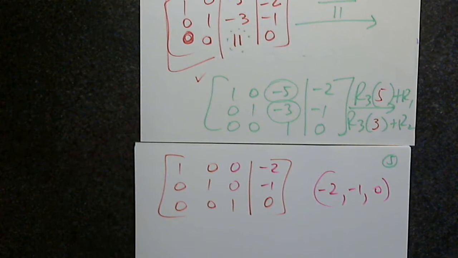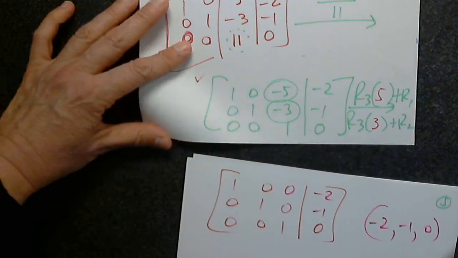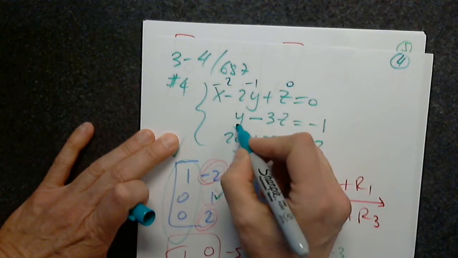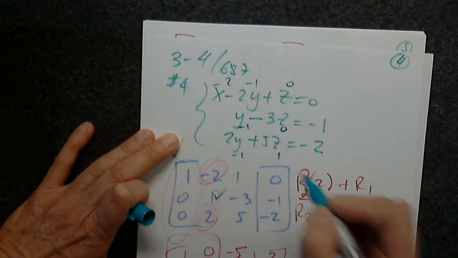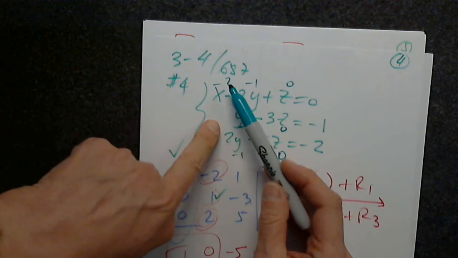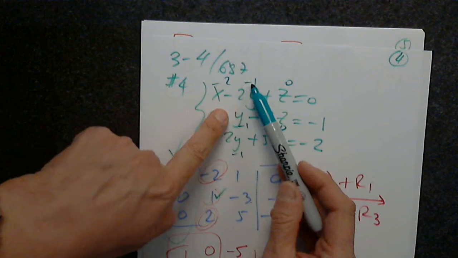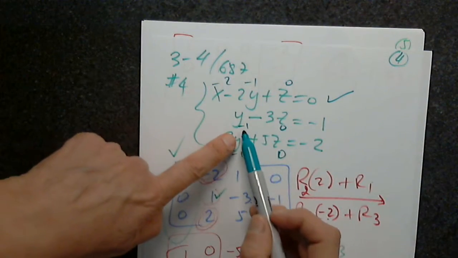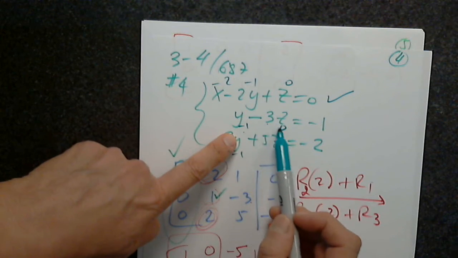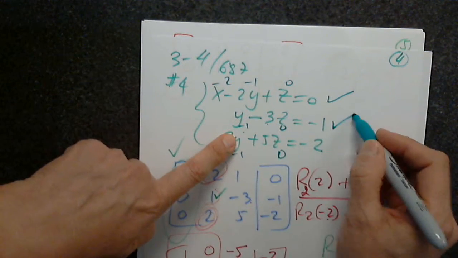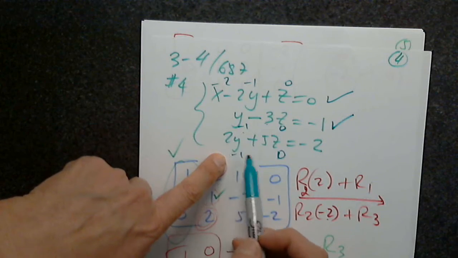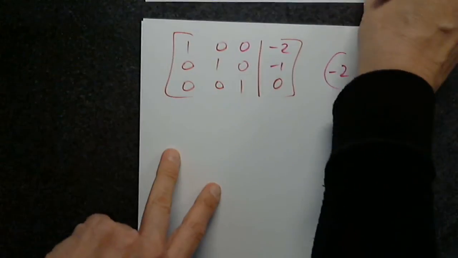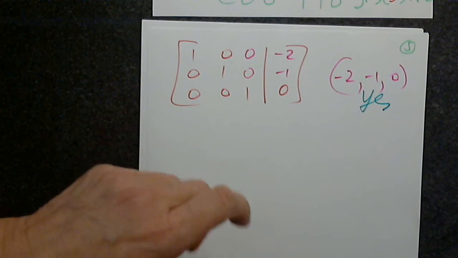Do we know for sure? No. We plug it in: -2, -1, 0. -2, but +2 and +0. Check. -1, but -0. Check. -2, but plus 0. Check. So, yes.